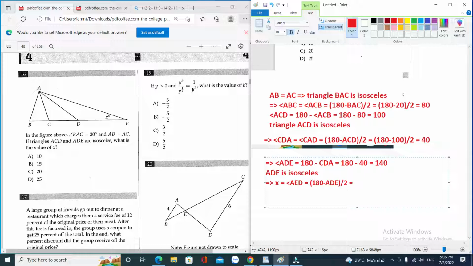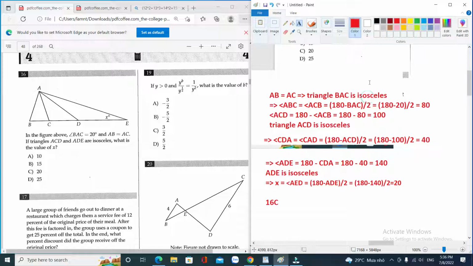So that is 180 minus 140 divided by 2, so that's 20, right? So x is equal to 20. So the answer for this one is 16, which should be C, right? So 20. Yeah.